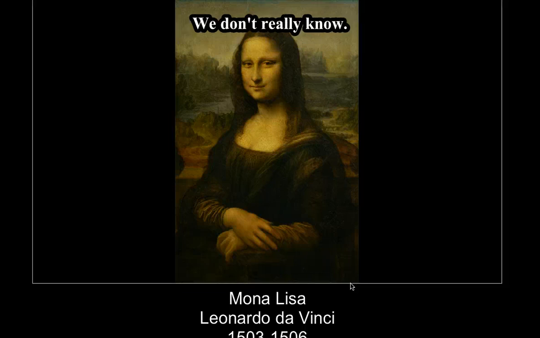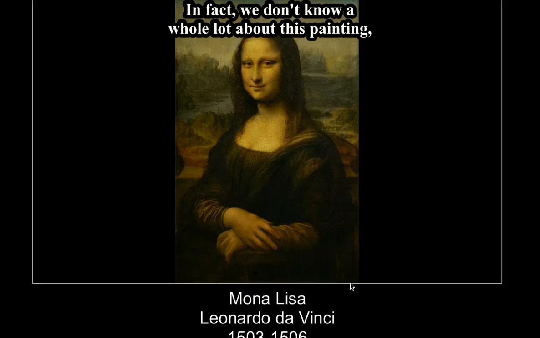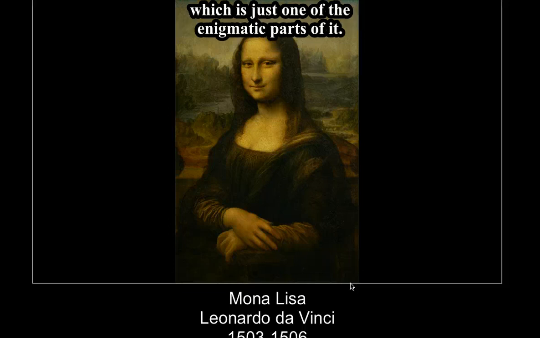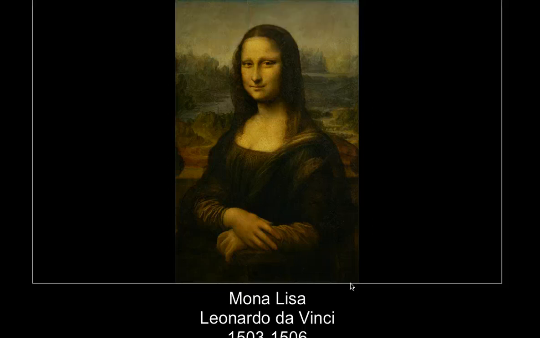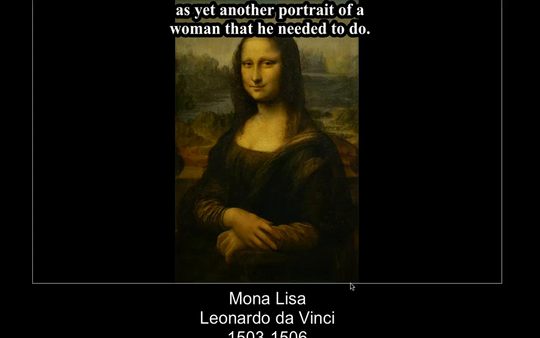We don't really know. In fact, we don't know a whole lot about this painting, which is just one of the enigmatic parts of it. But what we do know is that Leonardo probably just saw this as yet another portrait of a woman that he needed to do.